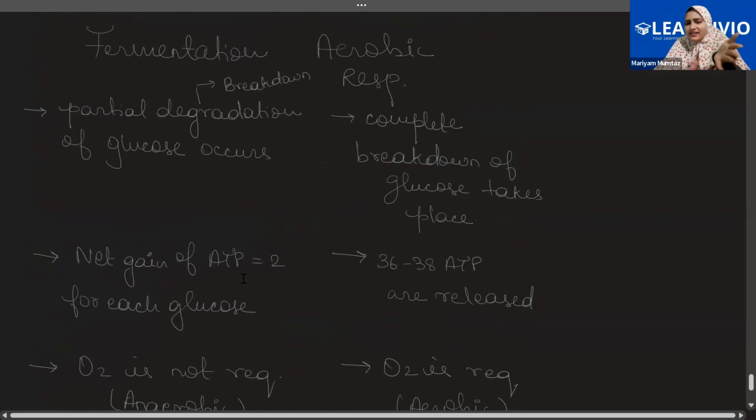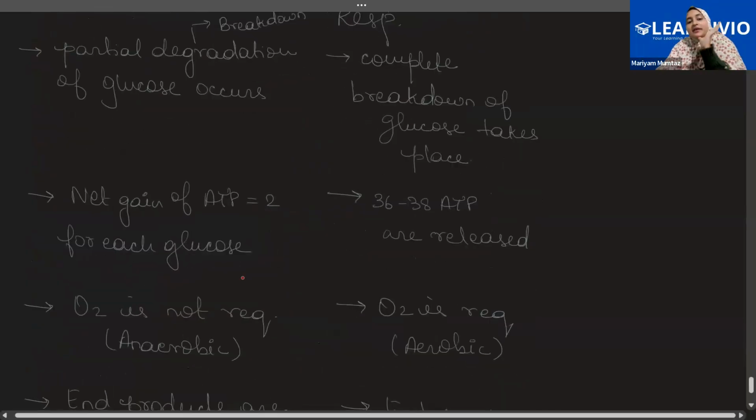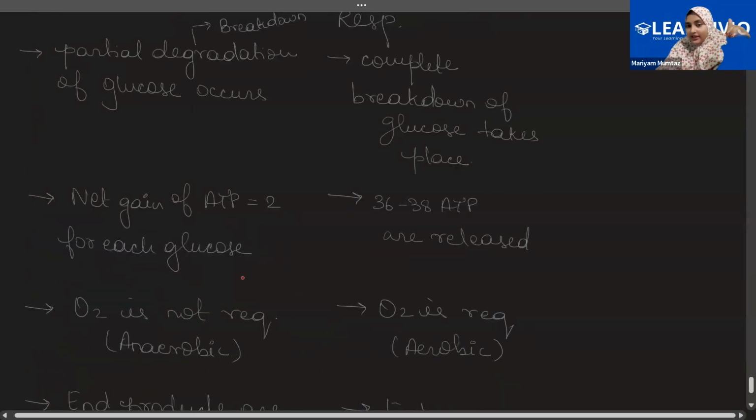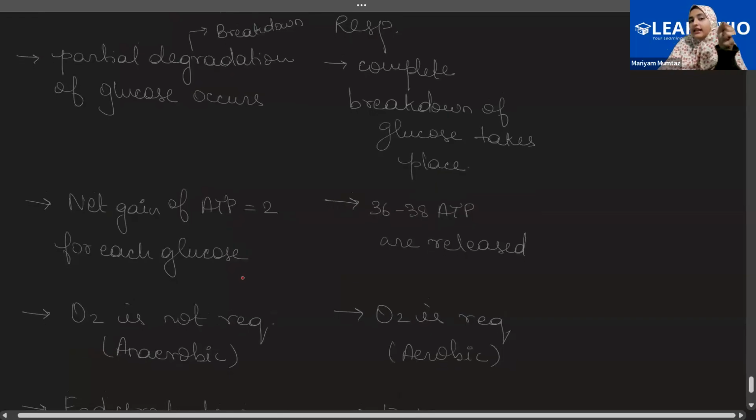Lastly, we have the differences. This is just an extra thing that I've written. Fermentation and aerobic respiration, the differences between them. Fermentation is partial degradation, partial breakdown happens. In aerobic respiration, complete breakdown happens. The net gain of ATP is 2 in the case of fermentation, whereas 36 to 38 ATPs are gained in aerobic respiration.